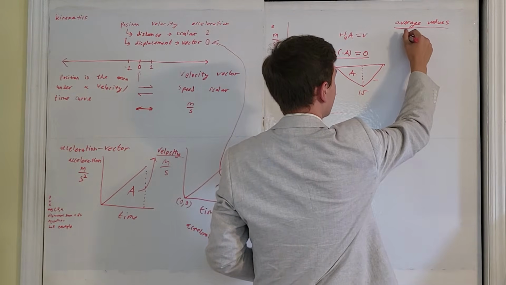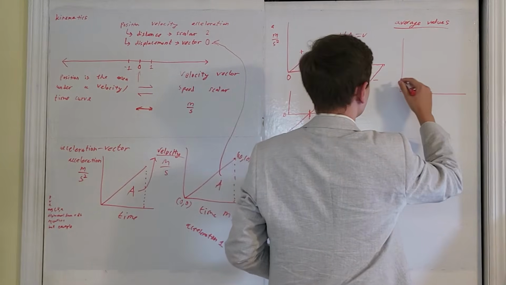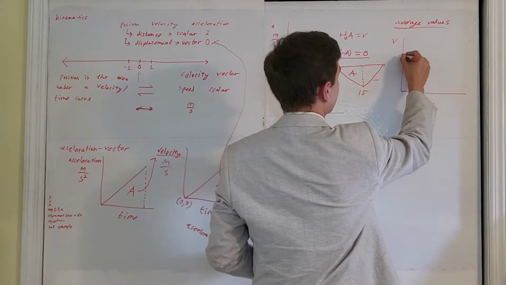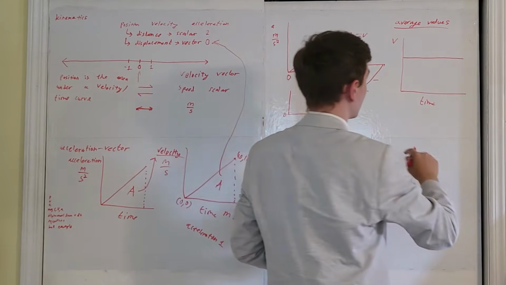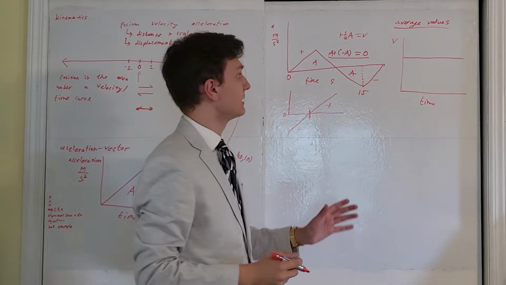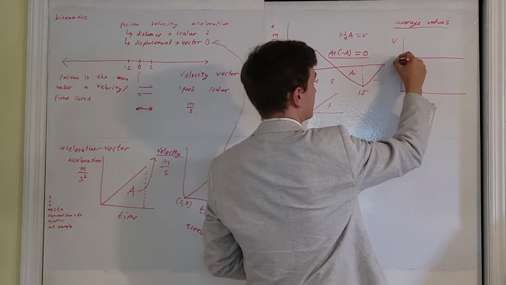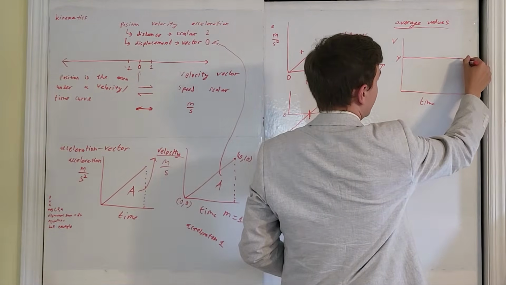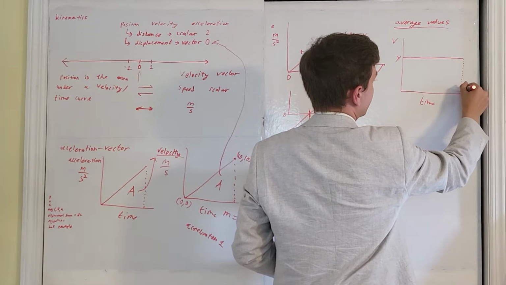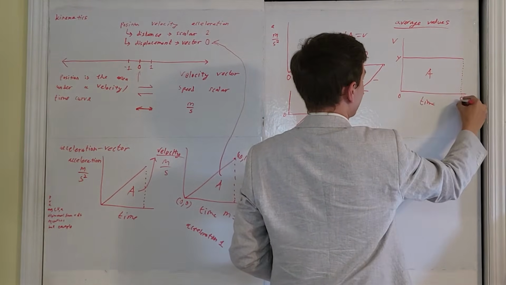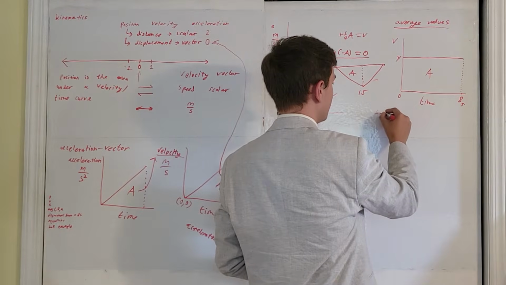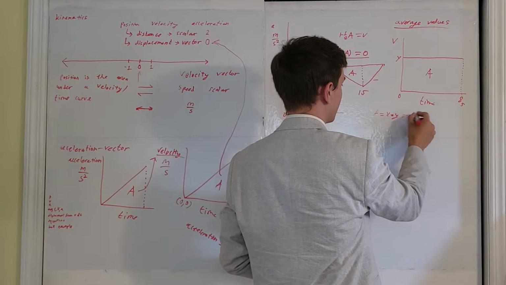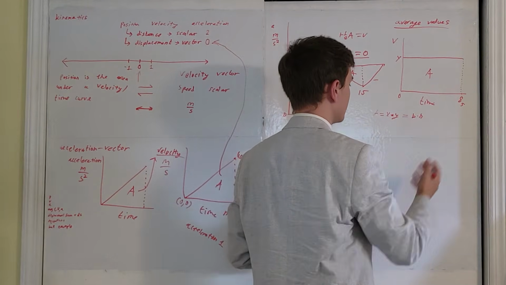So let me again give you a graph of, let's say, velocity versus time. So if my graph looked like this, it was horizontal, what does that tell me? It tells me that my velocity is not changing. My velocity is constant at some value y. If I were to find the area of this region from 0 to, let's say, 8 seconds, the area would be our x value times our y value, which would be equivalent to saying base times height, which you are probably more familiar with.